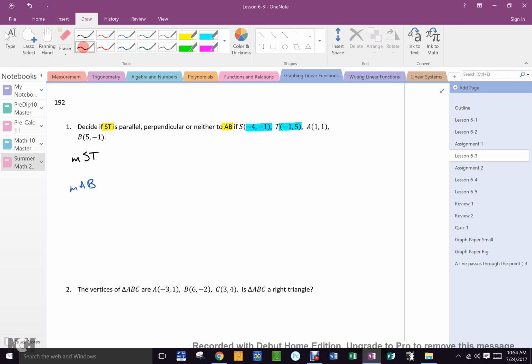Simran, does it matter how I check that slope? As long as I make y2 stay with x2. So I'm going to go 5 minus -1 over, now what has to be first for the x's? -1 minus -4.